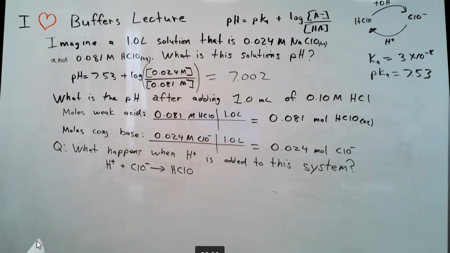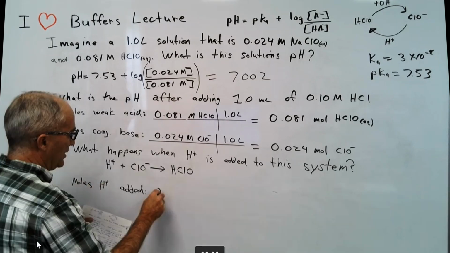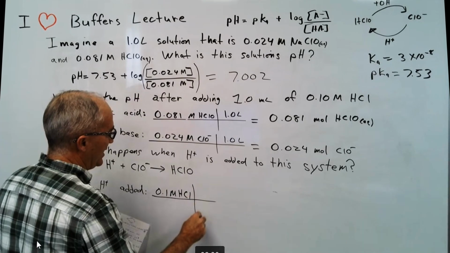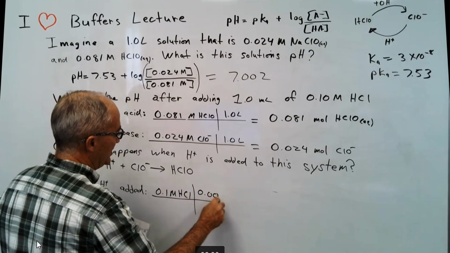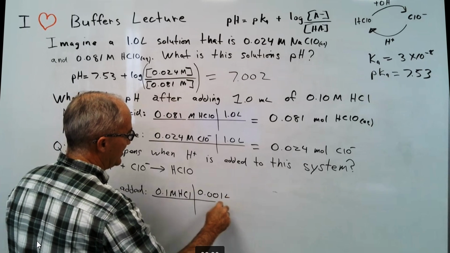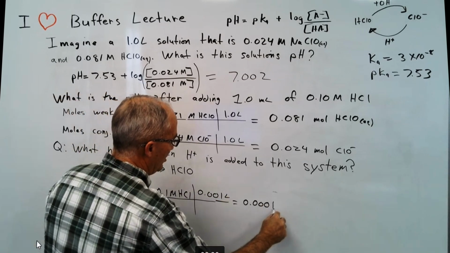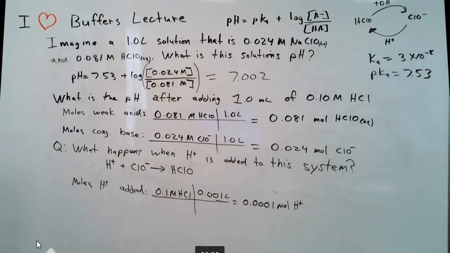So then that allows me to figure out I have 0.1 molar HCl and I add 0.001 liters. That equals 0.0001 moles, right?